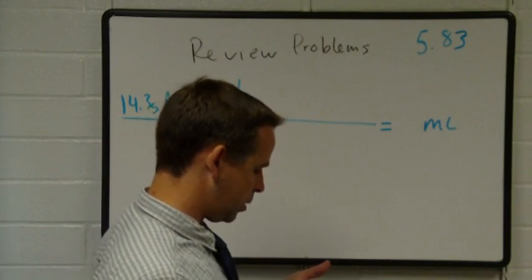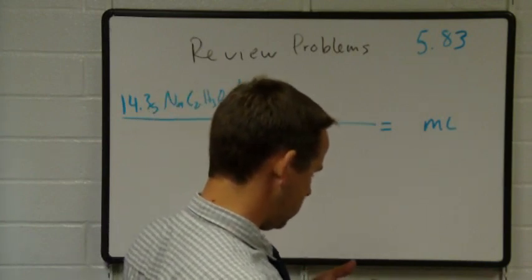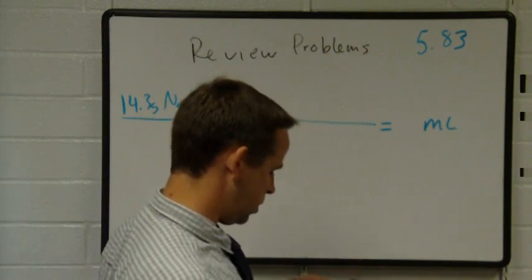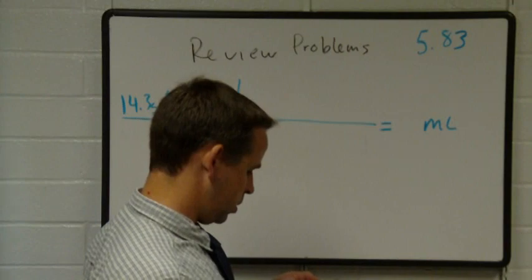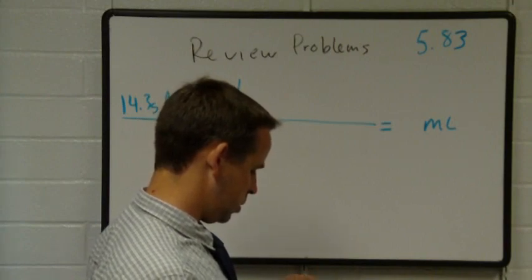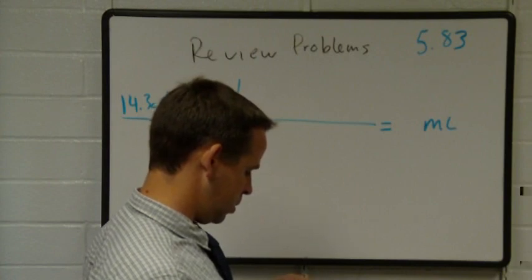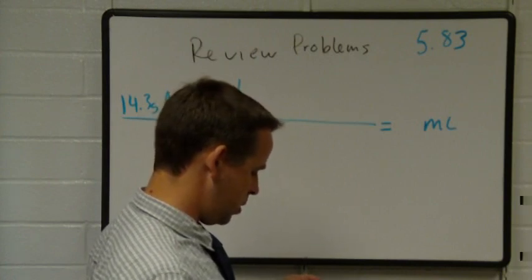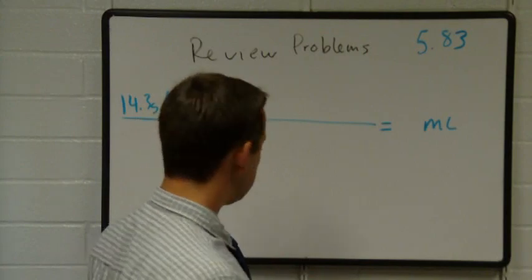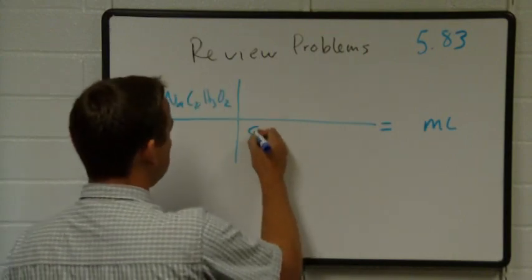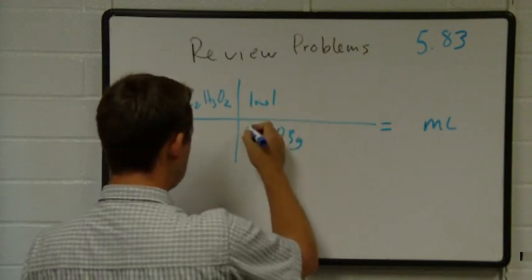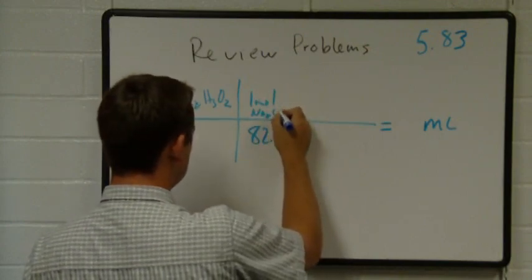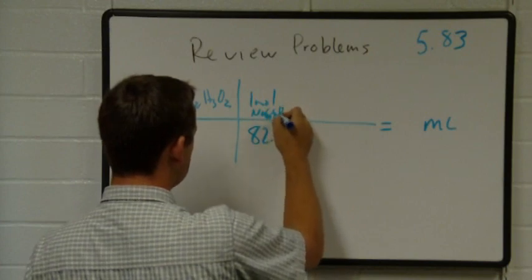So it says here that the molar mass of sodium acetate is 82.03 grams for every 1 mole of sodium acetate, NaC2H3O2.